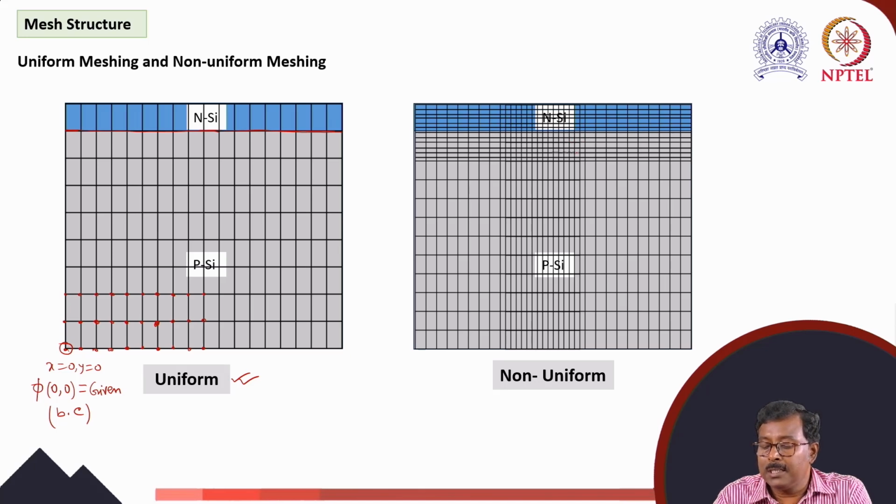But in this example, increasing vertical lines is not so important. Increasing the horizontal grid lines near the junction is more important.